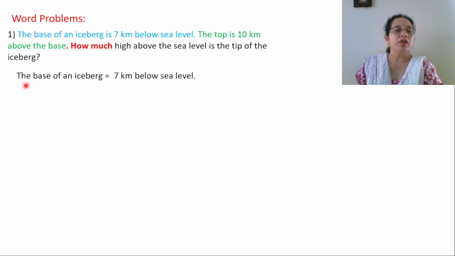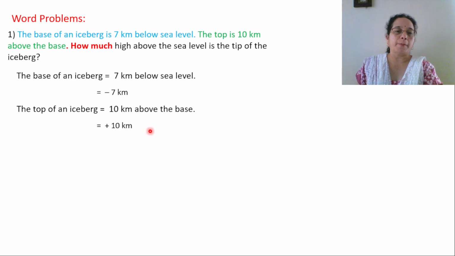The first statement: the base of an iceberg is 7 km below sea level. Below means this is a negative number, so minus 7 km. The top of the iceberg is 10 km above the base, meaning from minus 7, so this will be plus 10 km.